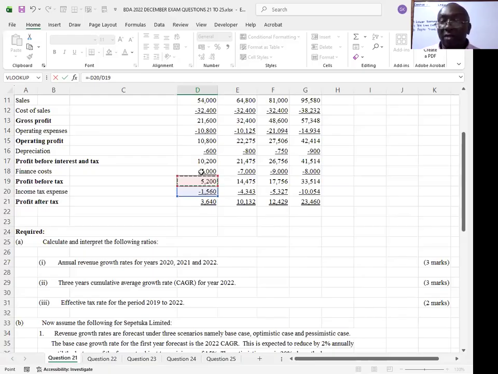Then you divide by the profit before tax. Press enter, send the answer. You can see the answer is coming. So send the answers. Yes, good.